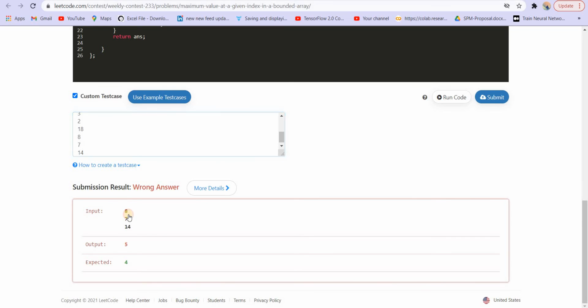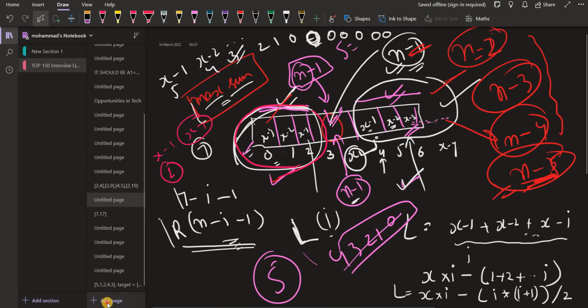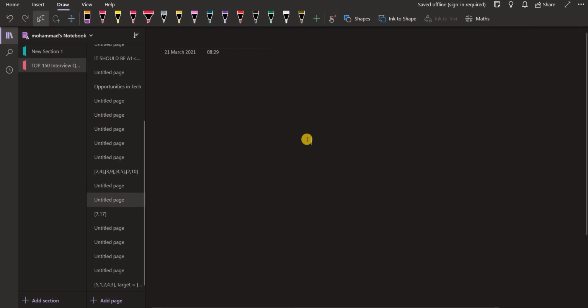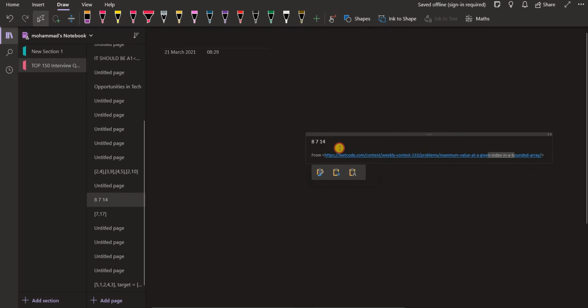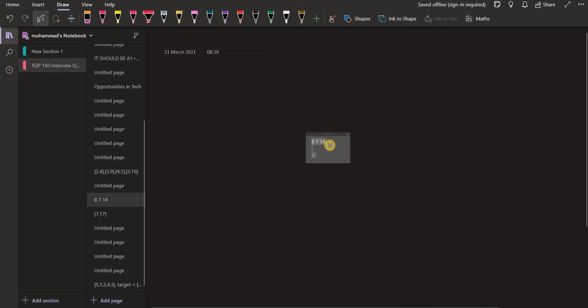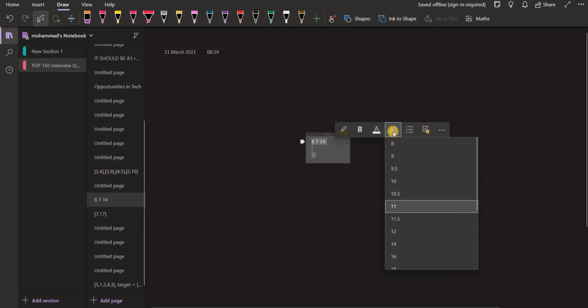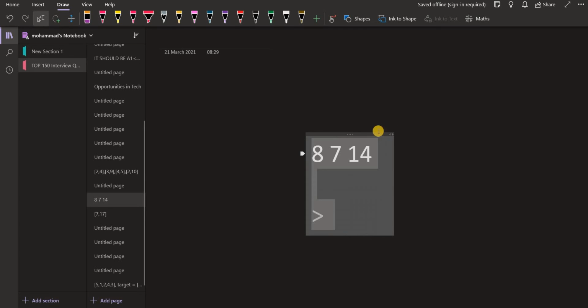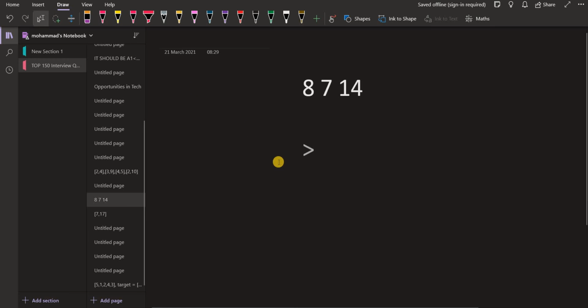Okay, here n is given as 7. Let me just copy this test case. So this is the test case. The total summation should not exceed 14.